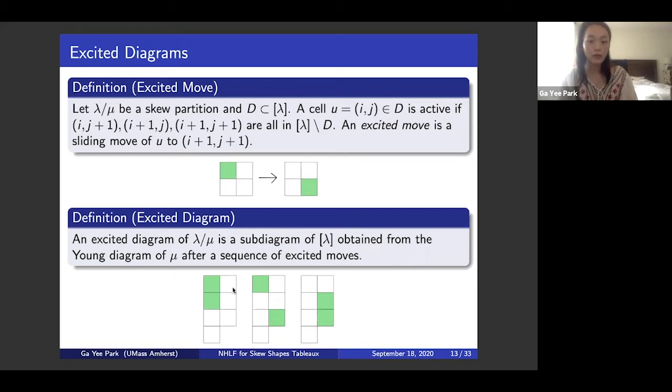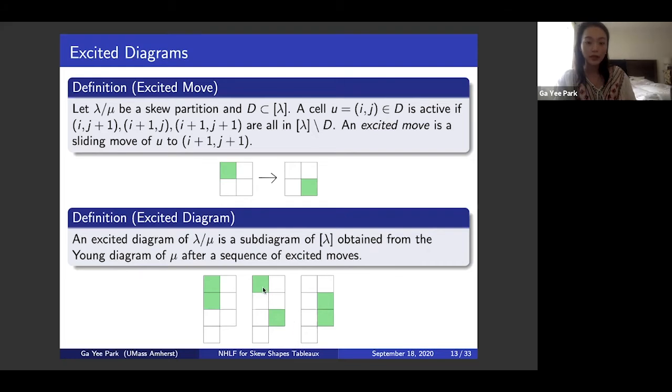For example, let's look at the first cell. We cannot perform an excited move on this cell because the bottom cell is not available. So we can apply an excited move onto this second cell. We slide it down and we obtain a new excited diagram. Now this one cannot go anywhere else because it's cornered.